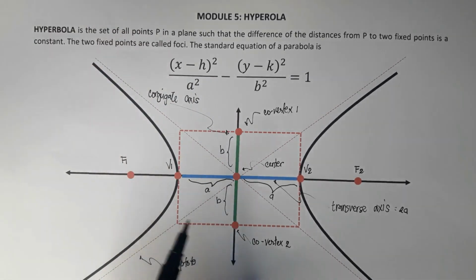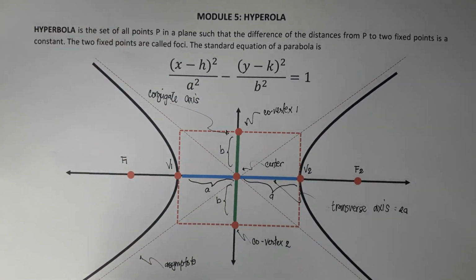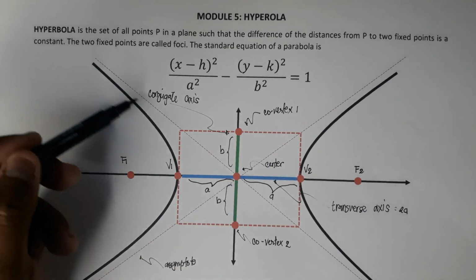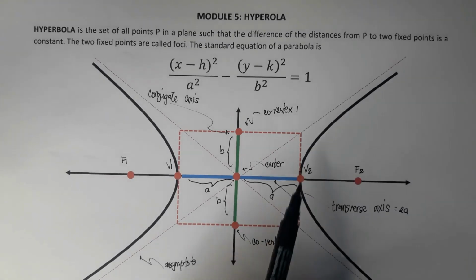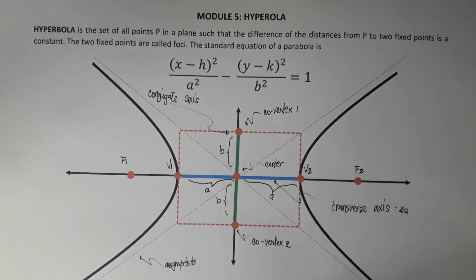Why do we have all of these parts of the hyperbola? Sometimes in a given equation, if you get these points and these lines, it is easier to graph our hyperbola. So these are the essential parts of the hyperbola.